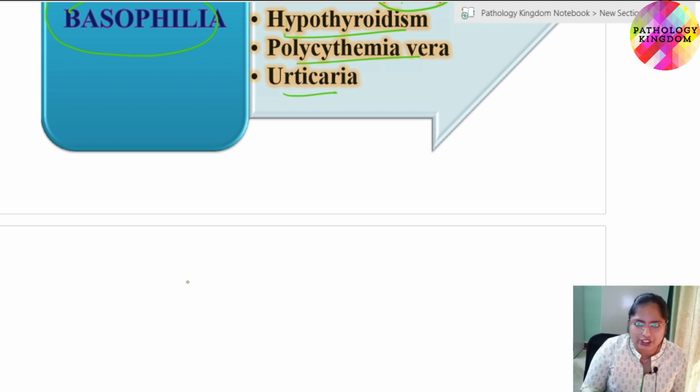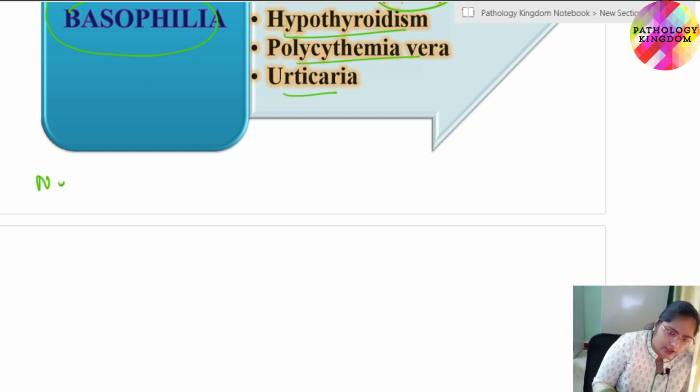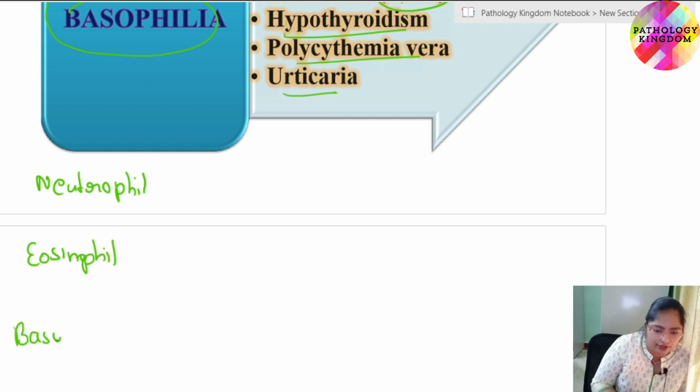In today's lecture, we have covered granulocytes, their physiological properties, enzymatic characteristics and functions: neutrophil, eosinophil and basophil.